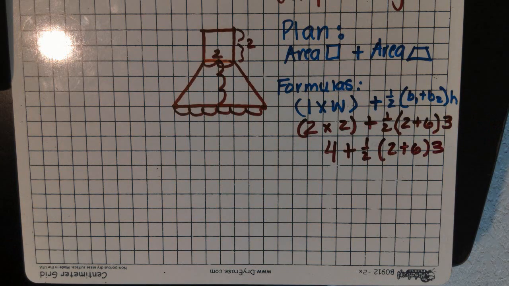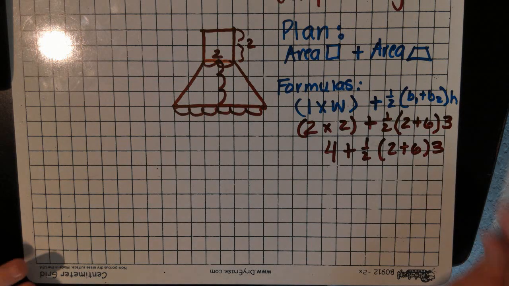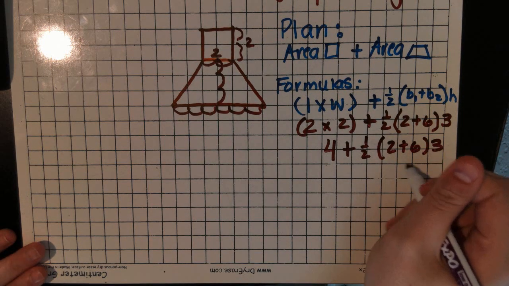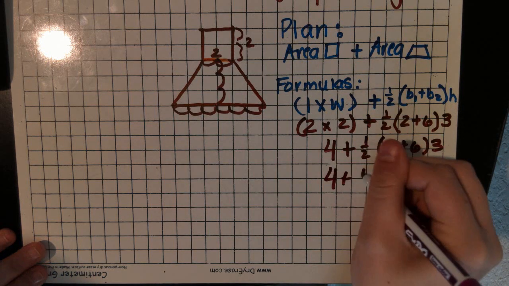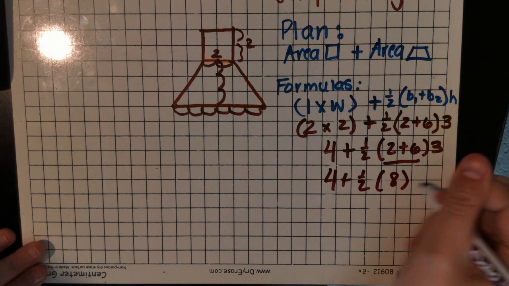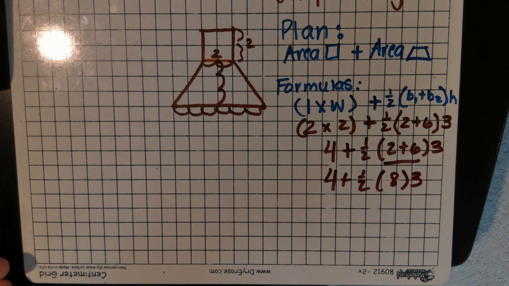Technically you can do this in a couple different orders because of order of operations and the distributive property. But I think it's simple if you go back to how the formula is derived. So what I would do first is the parentheses. We add the 2 bases. What's 2 plus 6? That is 8. Now I multiply it by the height.